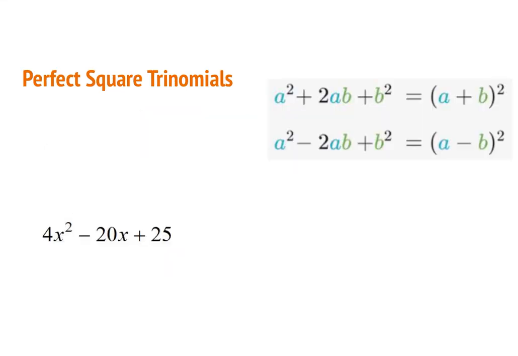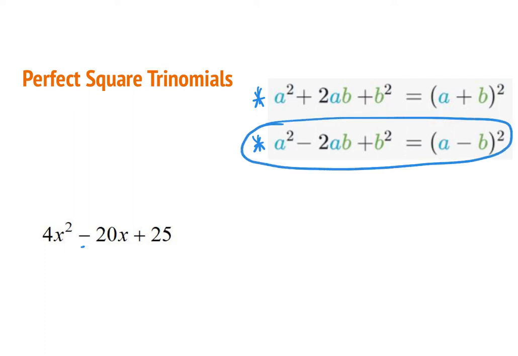So let's process this again. There are two different formulas, and the only thing that is different is the sign. So I first need to determine which one I am going to use. Because I have a minus, I am going to use this one. Then I must determine if the first term and the last term are squared. So what is the square root of 4? Well, 2 times 2 gives me 4, so that is a perfect square.